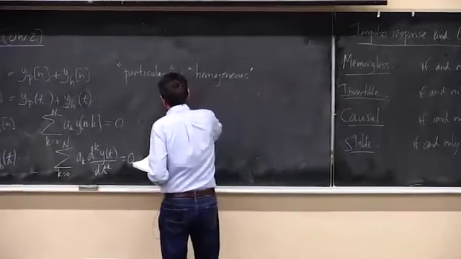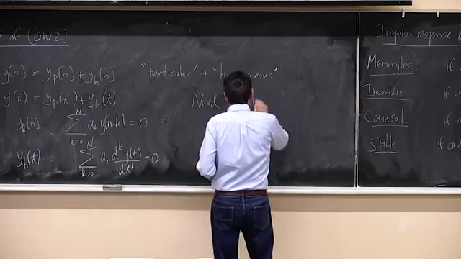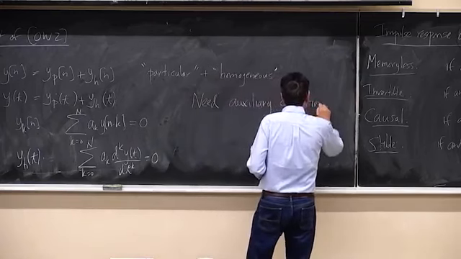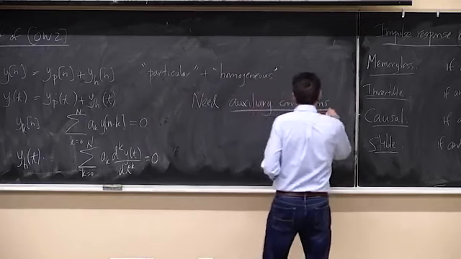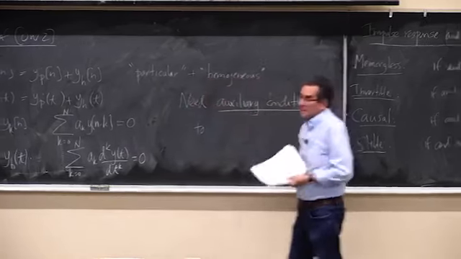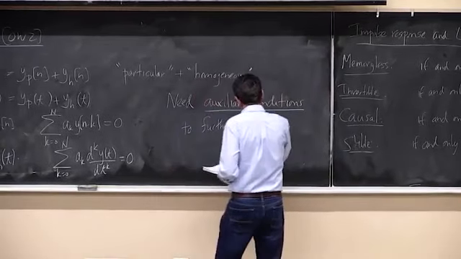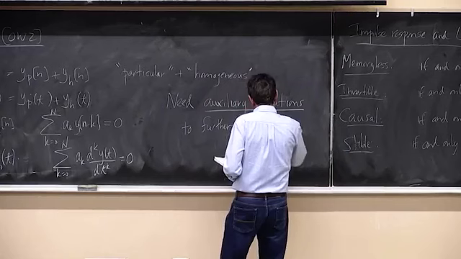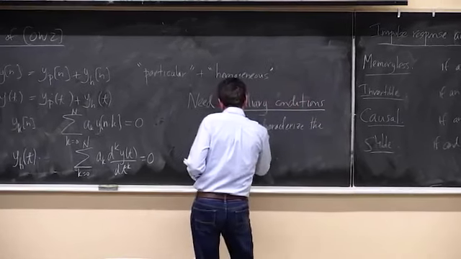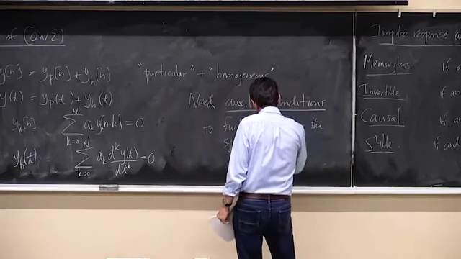So what you need, in addition to all of this, is to specify some auxiliary conditions to further characterize the system that this equation represents.